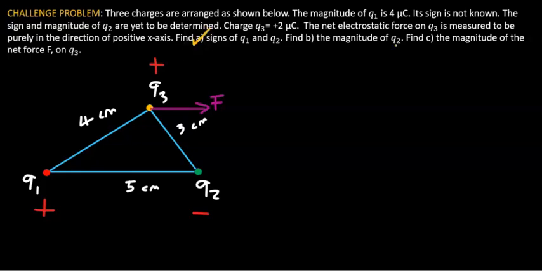Now let's determine the magnitude of Q2, the strength of that charge. To determine that, let's write down the net force on Q3 due to Q1 and Q2. Let's first determine the first contribution, namely the force on Q3 due to Q1. Let's call this contribution 1, 3.